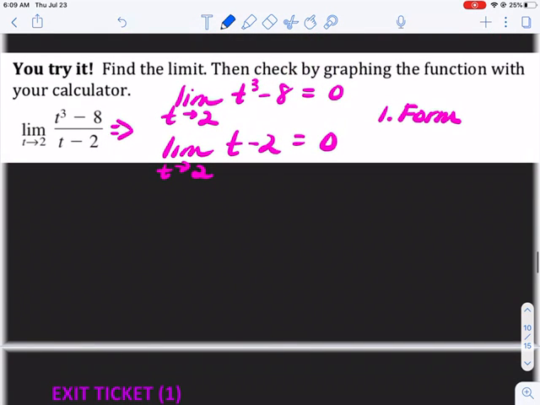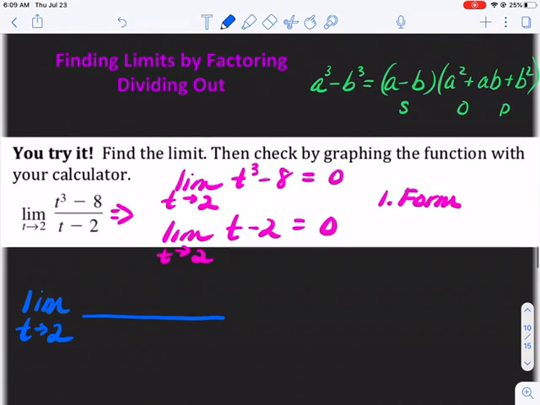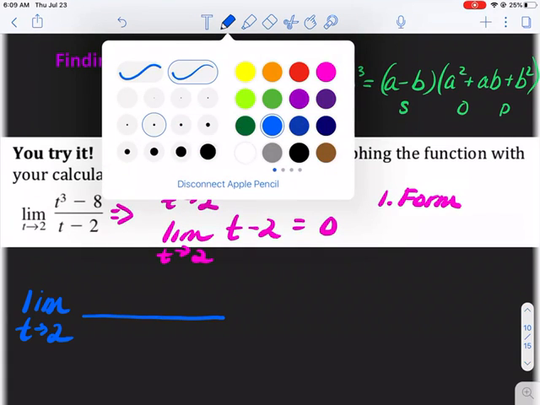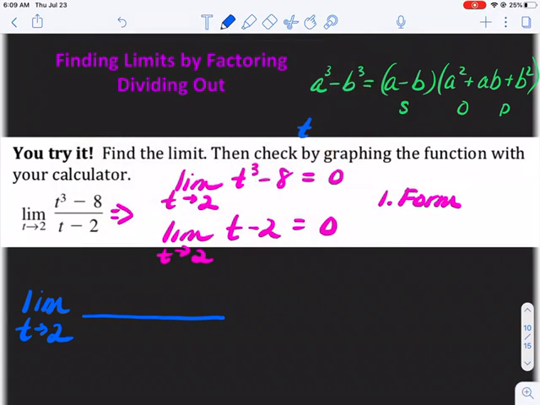So I'm going to come down here. I'm going to say that, okay, we have the difference of 2 cubes. The limit as t approaches 2. The numerator then, now recall that we're using this difference of 2 cubes up here. So I'm going to drop it right in here as t cubed minus 2 cubed is equal to, so we have that SOP.